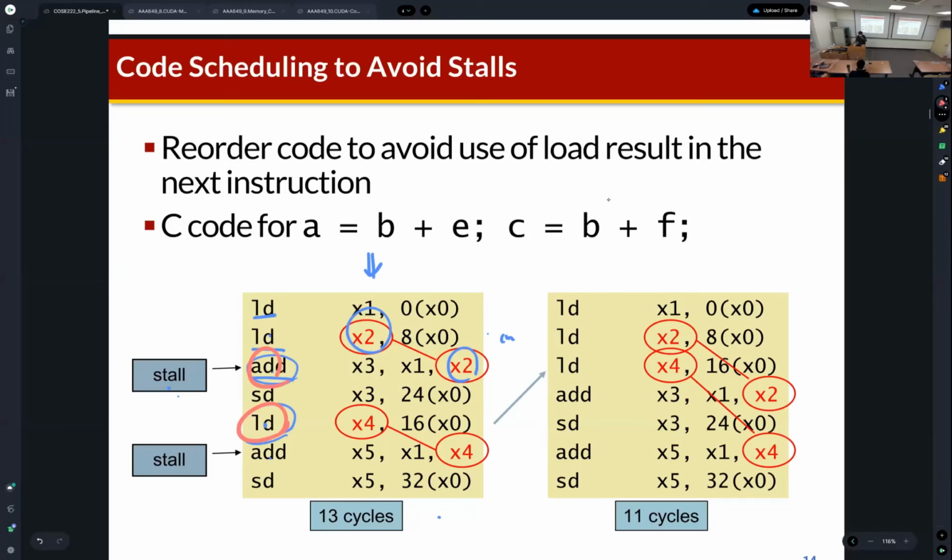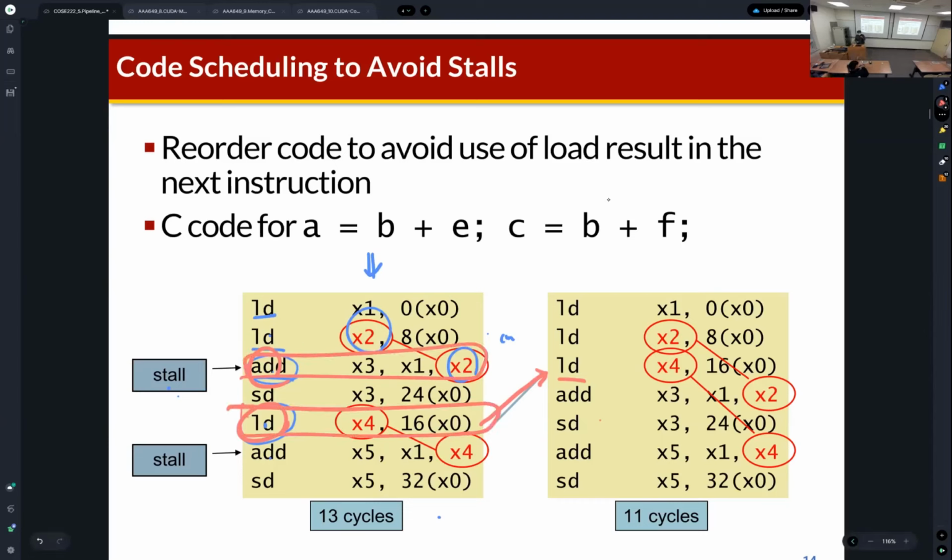Okay, so what does that mean? This load instruction can be located before the add instruction, right? Because there are no data dependencies between this add and this load instruction.